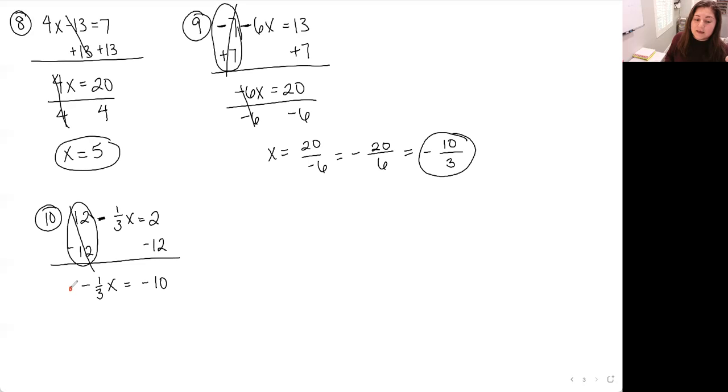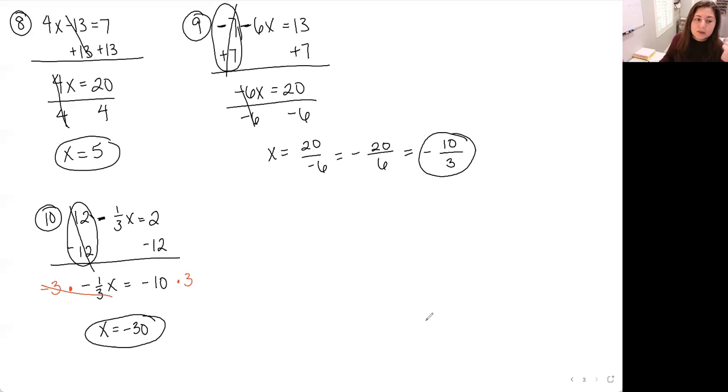Instead of dividing by 1/3, I'm going to multiply by 3 or -3 because I have this negative here on both sides. So 1/3 of 3 is actually 1, and it's going to give me that one pair that I'm looking for, because that's always the second step that I want. So in this case, x is going to equal -30.